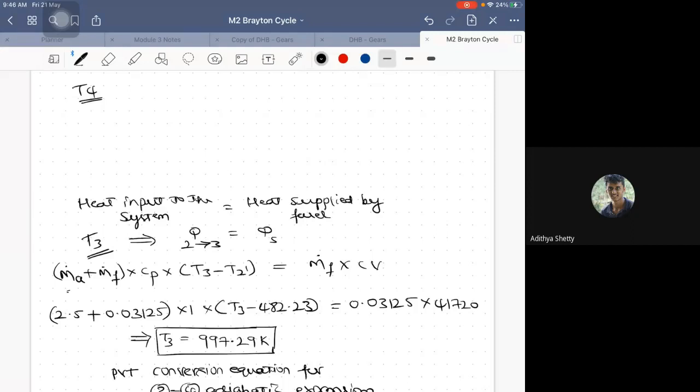Okay. So this is all you have done to calculate the value of T3.